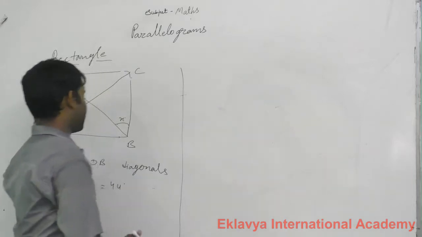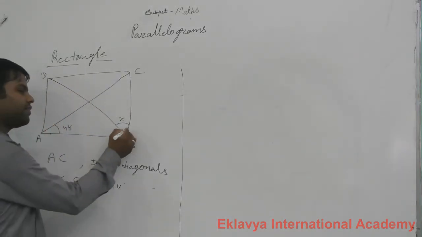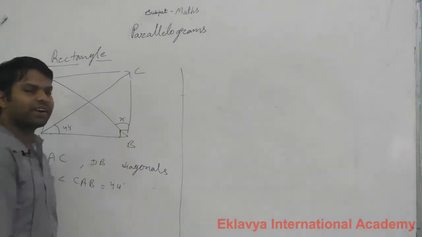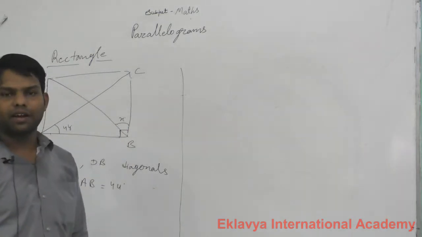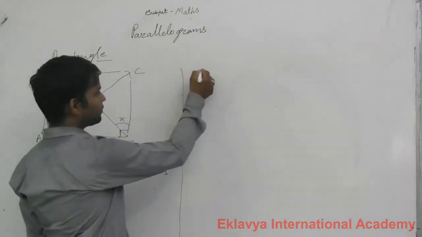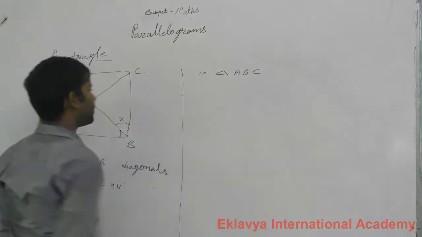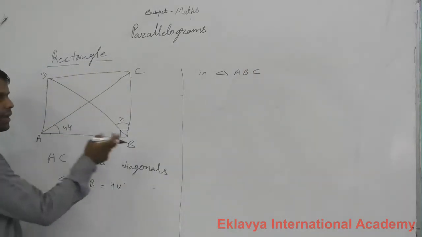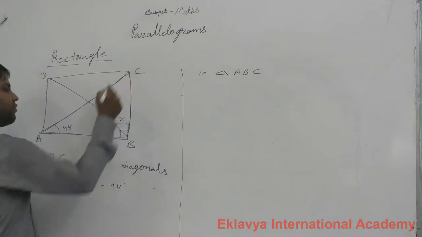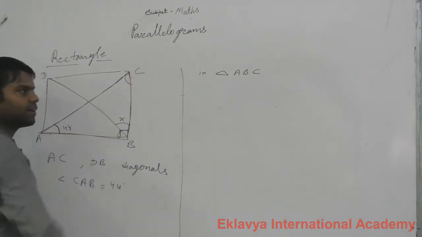First, in this rectangle we know that angle B is 90 degrees. Why? Because all angles of a rectangle are 90 degrees. So in triangle ABC, this one, we see three angles: first angle, second angle and third angle.